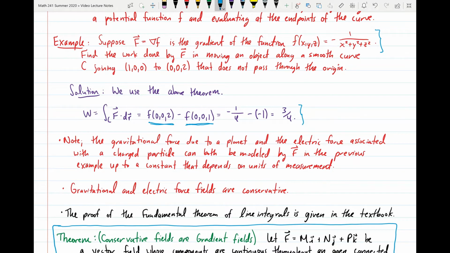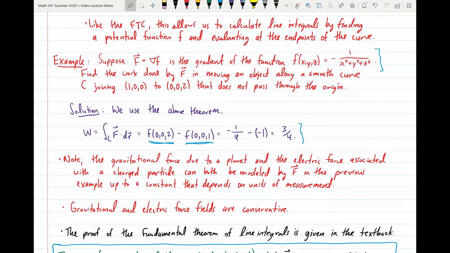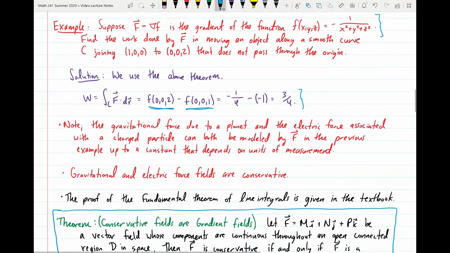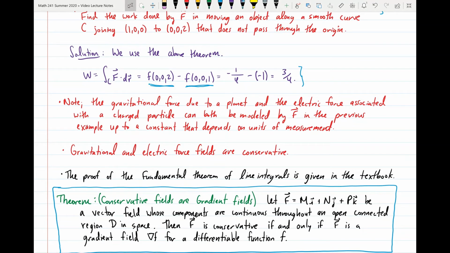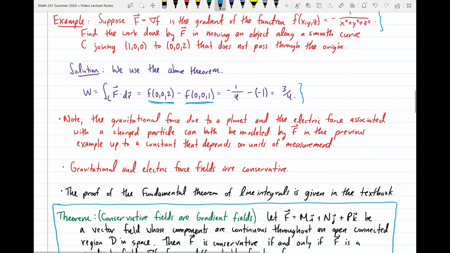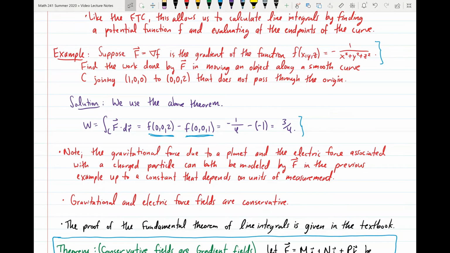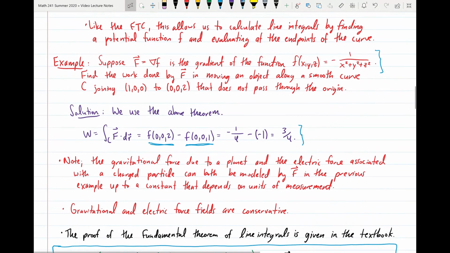So the work done by the force field F in moving an object along that curve C is equal to 3/4. And here's an interesting note to keep in mind. The gravitational force due to a planet, as well as the electric force associated with a charged particle, both of these concepts can be modeled by this vector field in the previous example, up to a constant that depends on units of measurement.